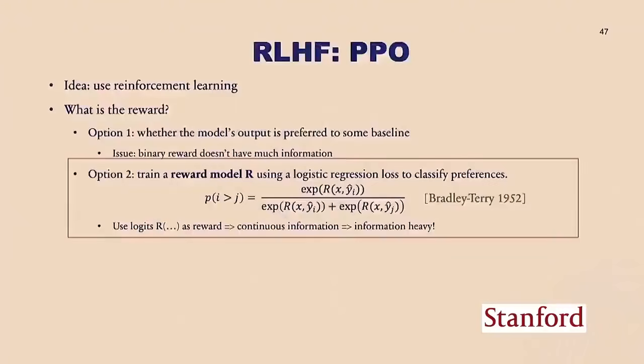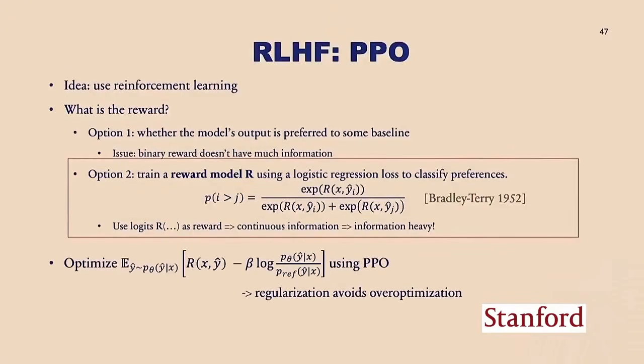Great. So as I just said, continuous information says better. So that's what people use in practice, or at least used to use in practice. I'll tell you about the other algorithm later. So what you do at the end is that you basically try to just use reinforcement learning that you know about. Now we have our reward. What you sample through is the generation from your large language model.